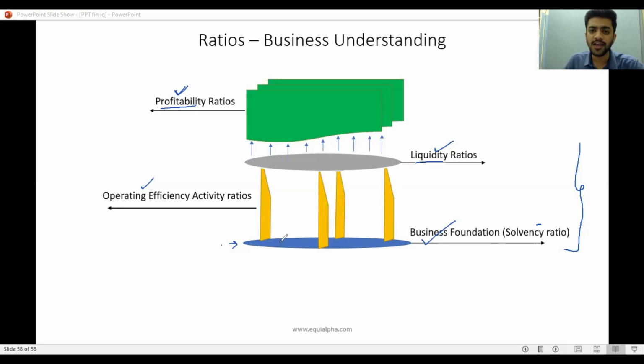Now, for example, in the DuPont analysis and in the solvency ratio, we understood that financial leverage is harmful. It's a two-sided sword, right? So this will make the foundation weak. Let's assume the company had a good amount of financial leverage. It was operating efficiently, meaning that on all the activity ratios, the fixed assets were able to generate good sales.